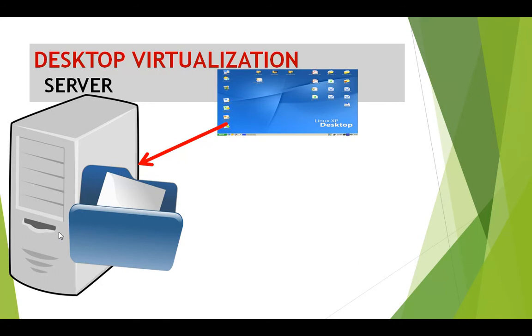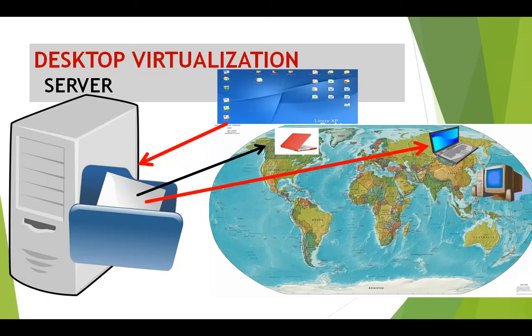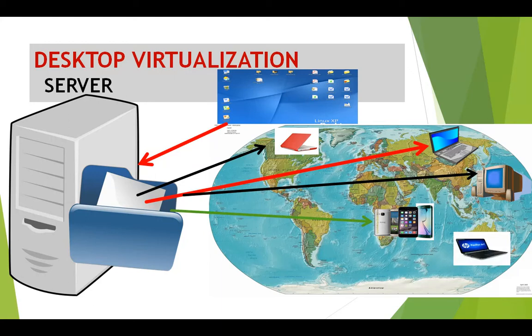So this brings you the benefit that you can access your desktop from anywhere in the world. Like you can access your desktop at your laptop at any location, at computer systems, at mobile devices, at any digital devices from anywhere in the world.